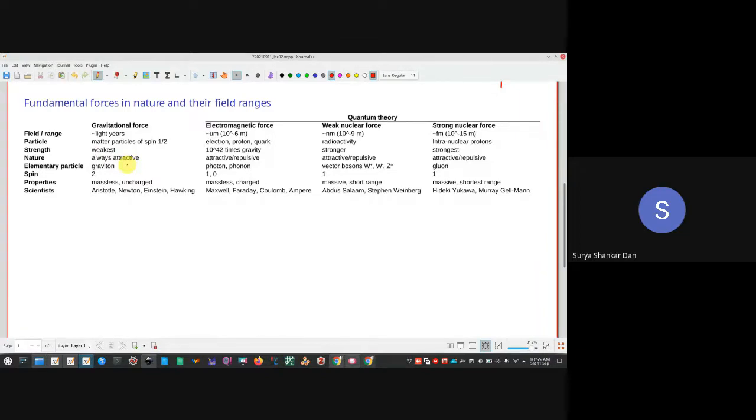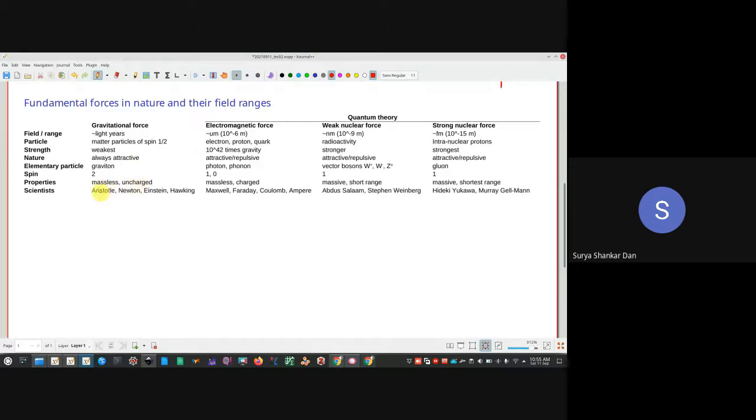There is no positive and negative, where the positive would repulse. No, gravitons are always attractive. As a consequence, if there is more mass, the gravitational force will be more attractive. So the properties are massless and uncharged.